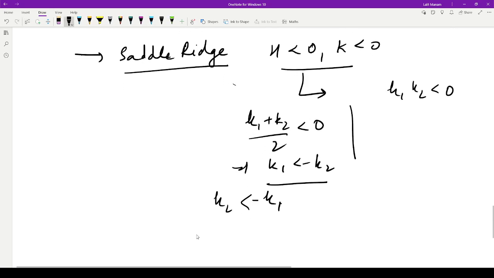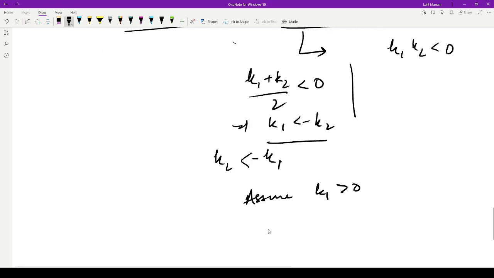So if I assume k1 is greater than 0, then k2 is less than minus k1, and minus k1 is anyways less than 0, right?